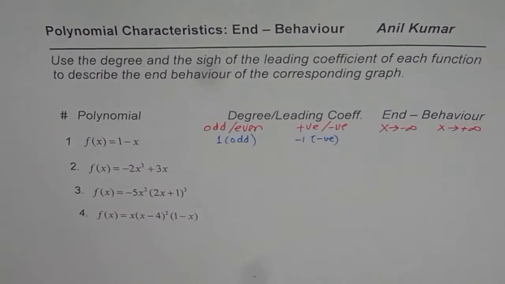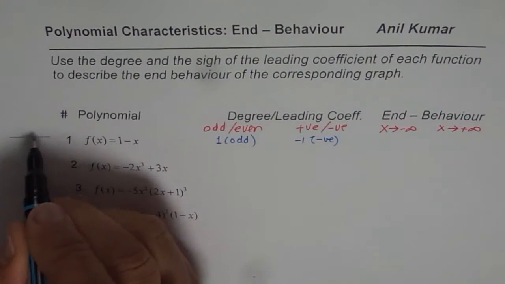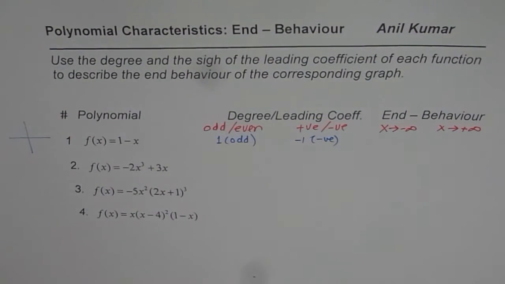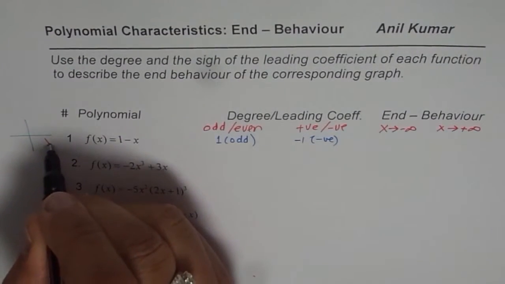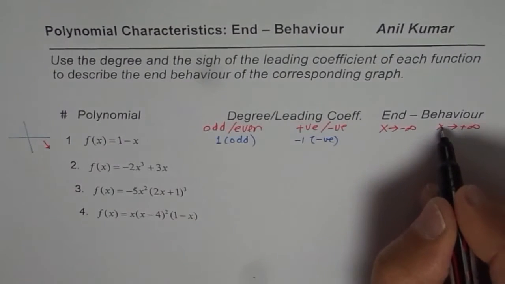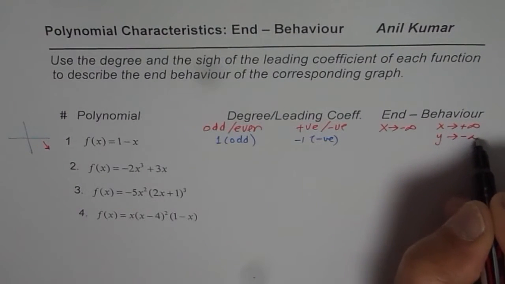And we have also learned that if the leading coefficient is negative, in that case right side is down, correct? So the right side is down. So clearly, when x approaches positive infinity, y should approach negative infinity.